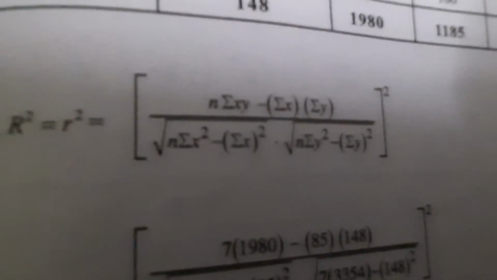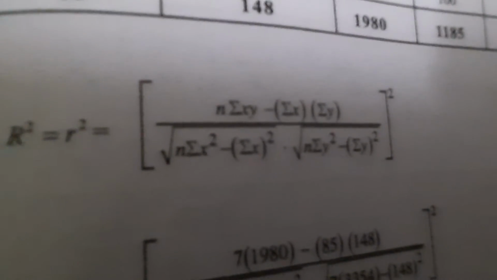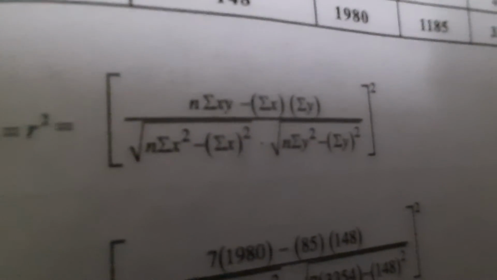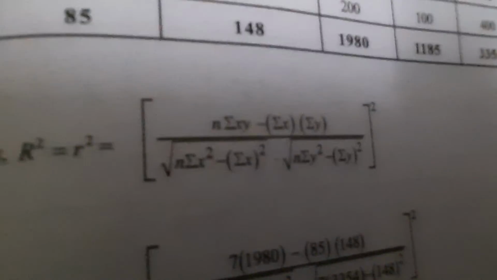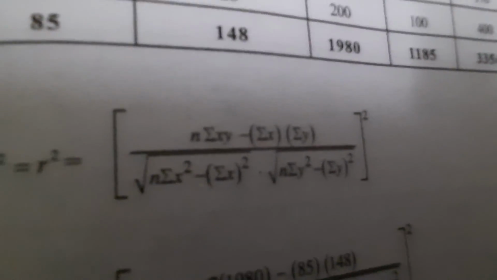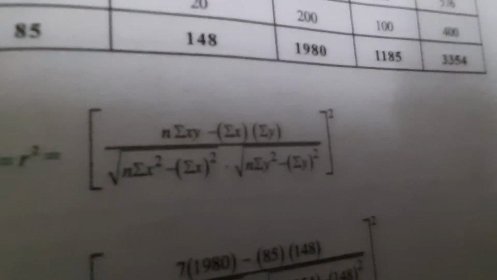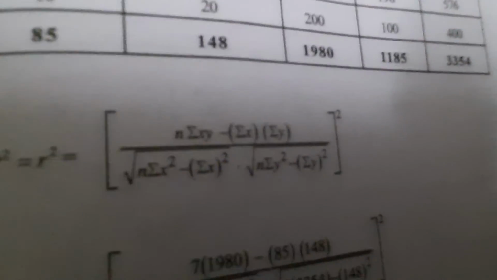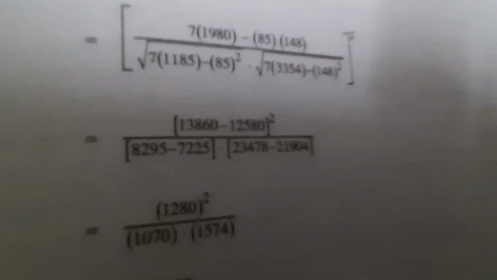Then we can find out r squared by applying this formula: n sigma xy minus sigma x sigma y upon the square root of n sigma x squared minus sigma x the whole squared into n sigma y squared minus sigma y the whole squared, the whole raised to 2. In the last chapter we have learned r, so r's formula is given here, and for r squared we just square it, and we get the value.